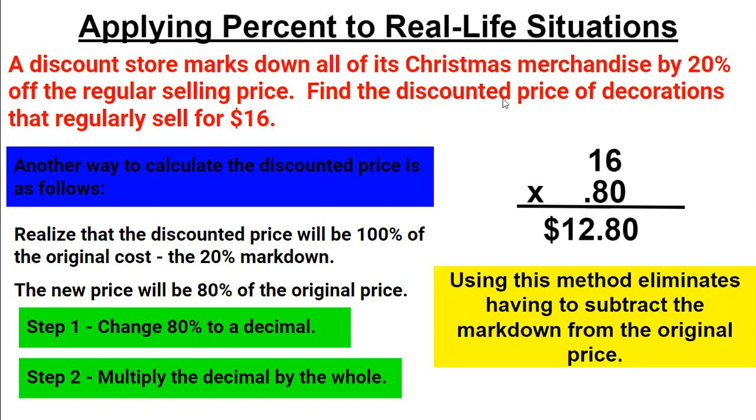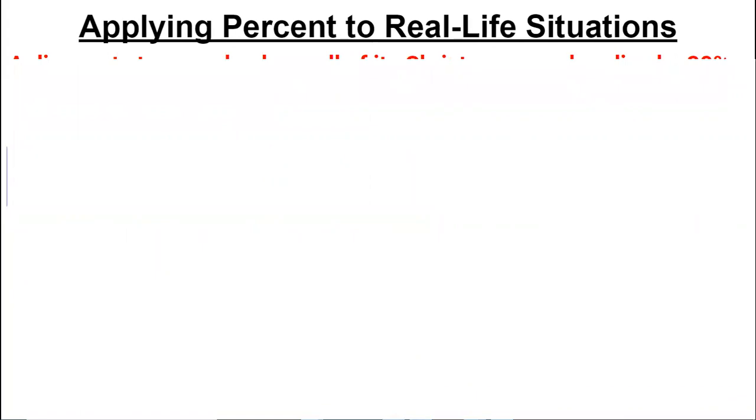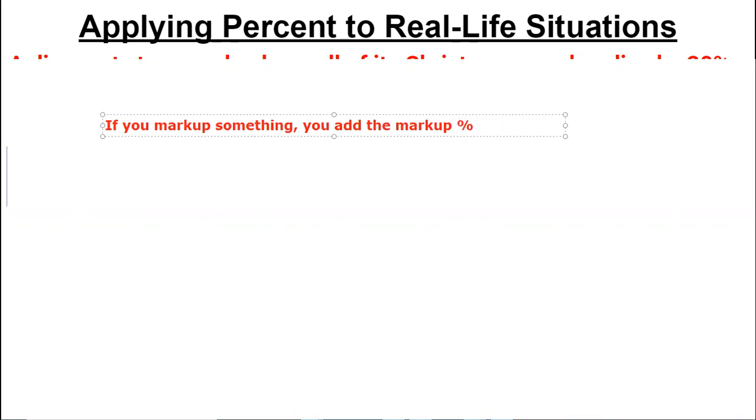Okay, I might actually write that for a moment here. Let's make a nice big blank. Put that in there. Make it nice and big here. If you mark up something, you add the markup percentage to 100%.